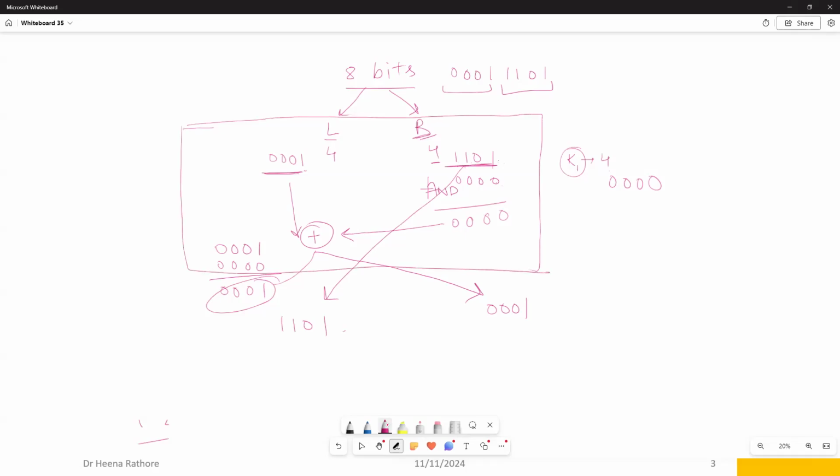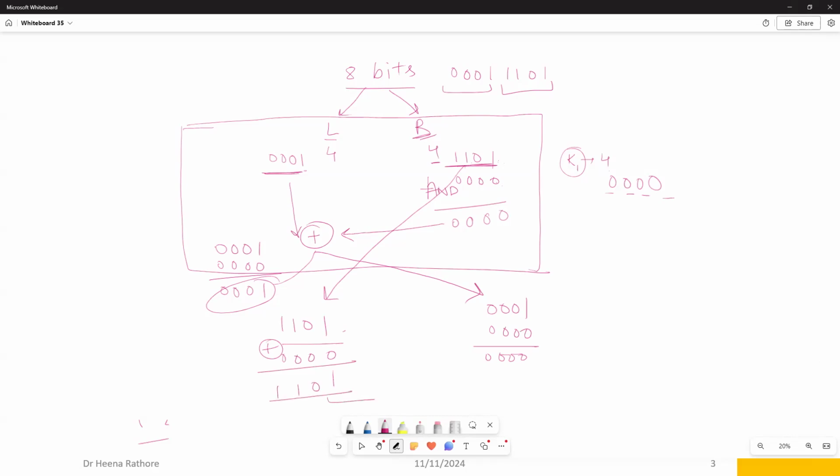You will again process these bits together. Once again, I'm taking the key as 0000. You will do an AND operation on this with 0000, and the resultant would be 0000. You will XOR this with the left-hand side output, which will give you 1011.